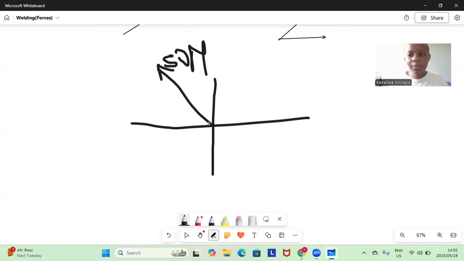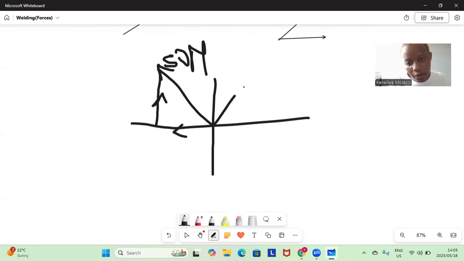You don't just say that because this is in the second quadrant, my x is wrong. You check the direction of this force. When you check this direction, your y will be going upwards, and your x will be going to the left. That's what you must know. So this shows the direction, and whether you have to add or subtract.